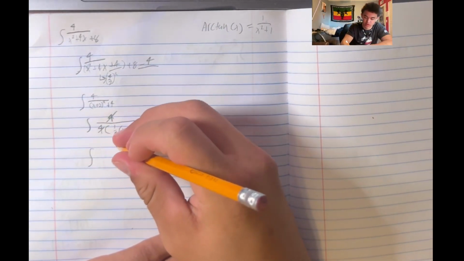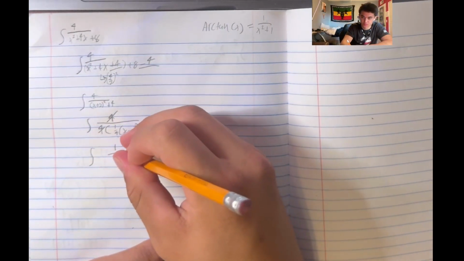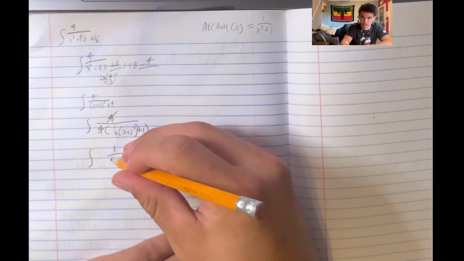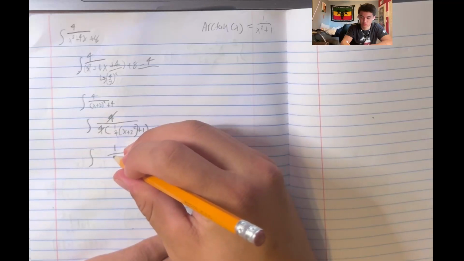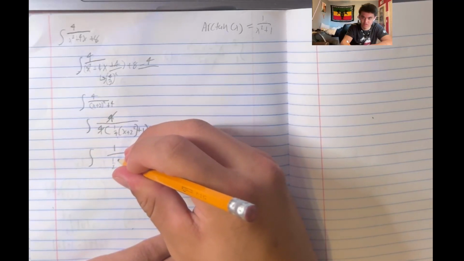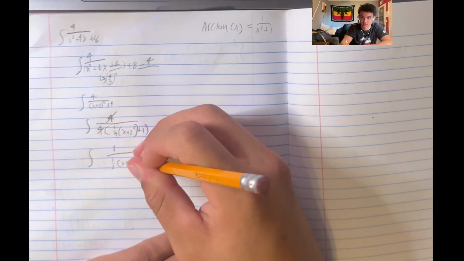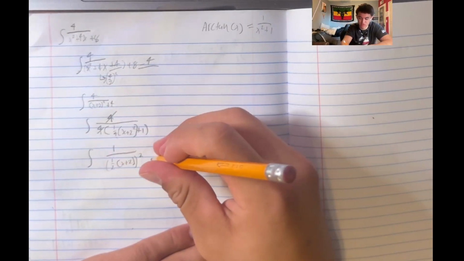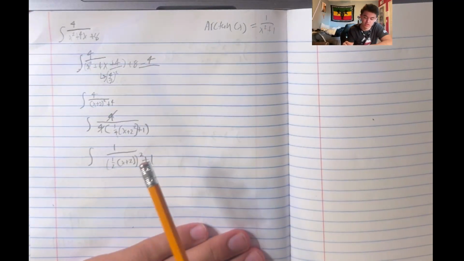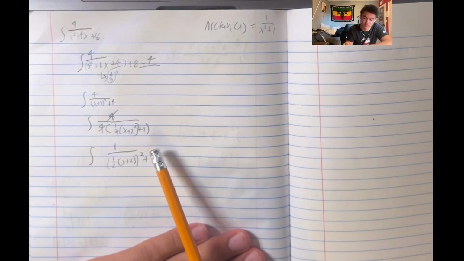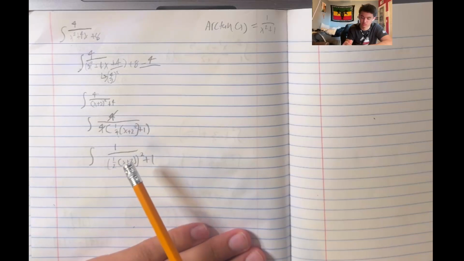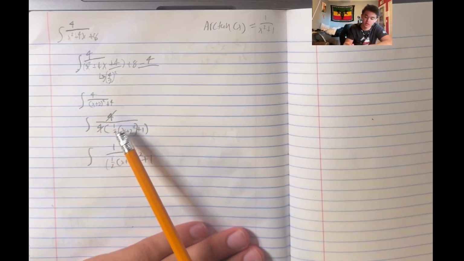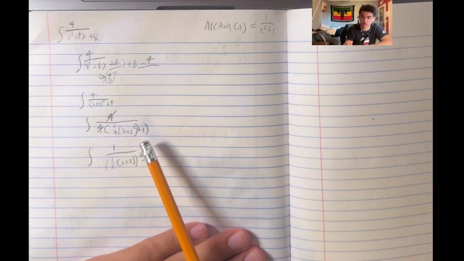We're going to be integrating 1 over 1/2 times x plus 2, squared, plus 1. Look, 1/2 squared is 1/4, and x plus 2 squared is x plus 2 squared, so this becomes 1/4 times x plus 2 squared.